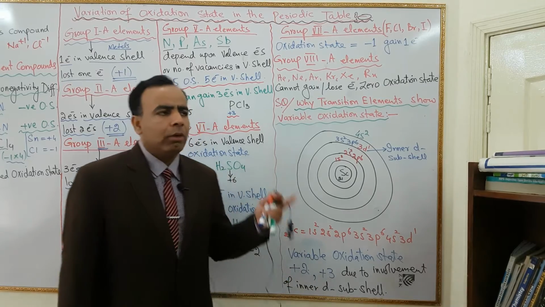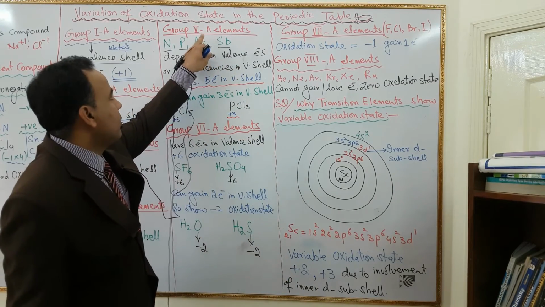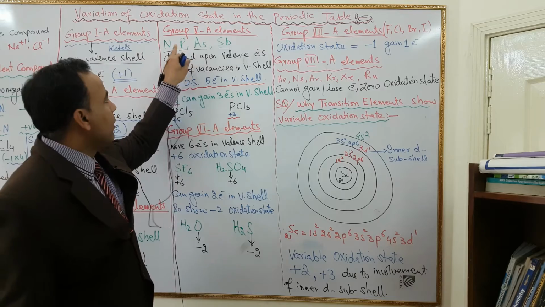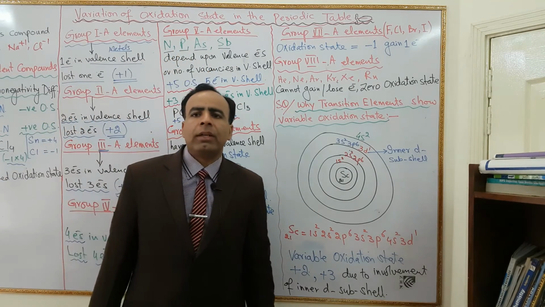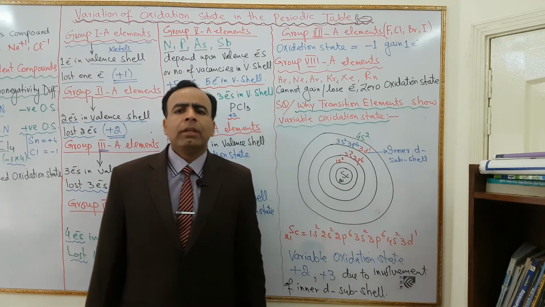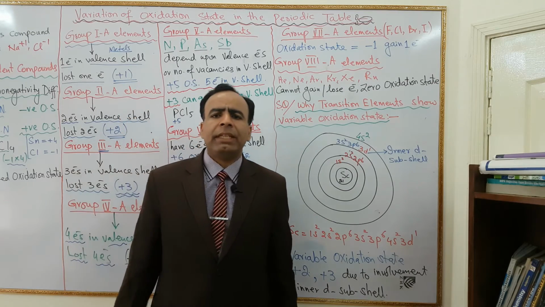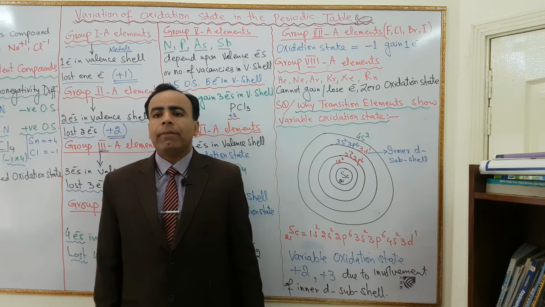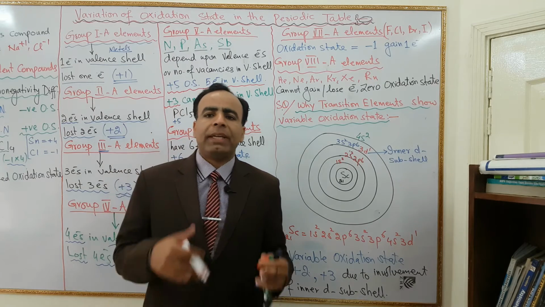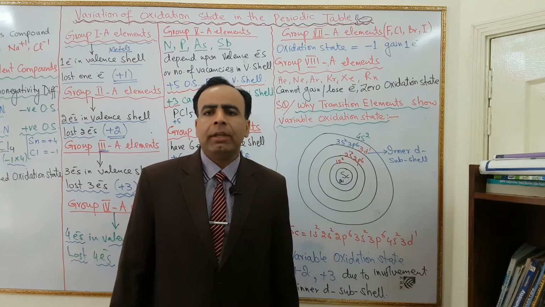Dear students, now I am going to discuss the group 5A elements, nitrogen, phosphorus, arsenic and antimony. Dear students, the oxidation state of group 5A elements is either equal to the valence electrons or the number of vacancies in the valence shell.